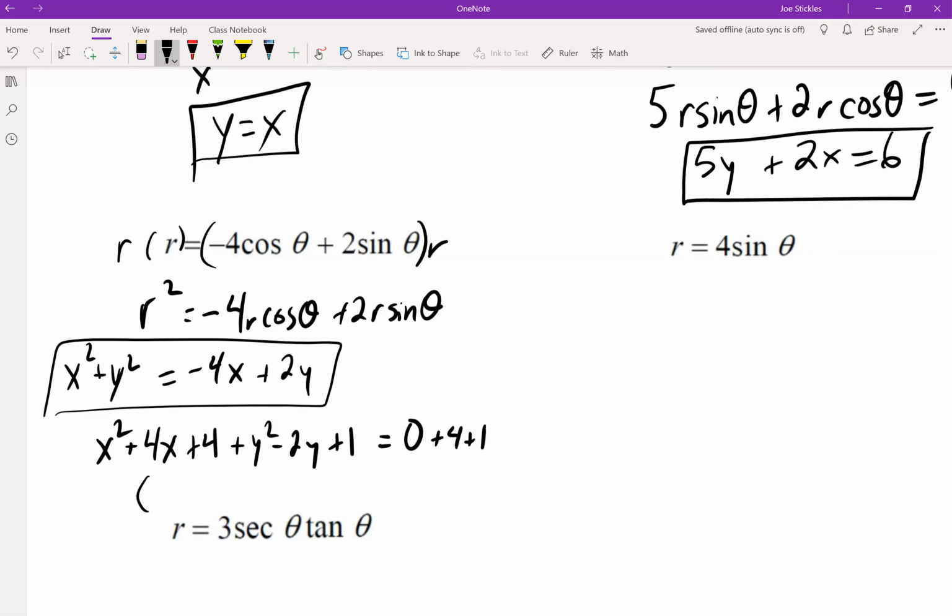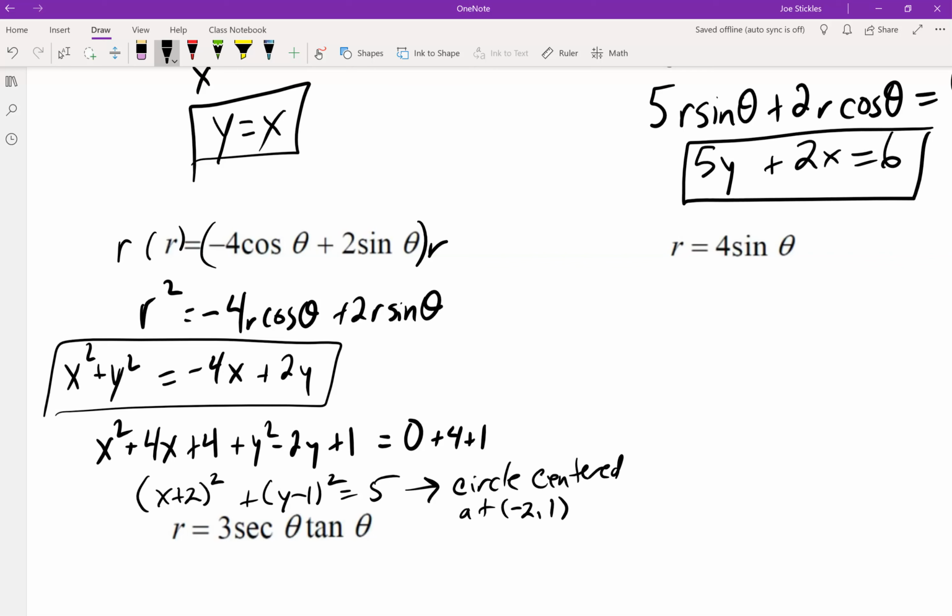And now we see how this factors. This is x plus 2 squared. This is y minus 1 squared, and this is 5. So what this tells us is that we have a circle centered at the point negative 2, 1.